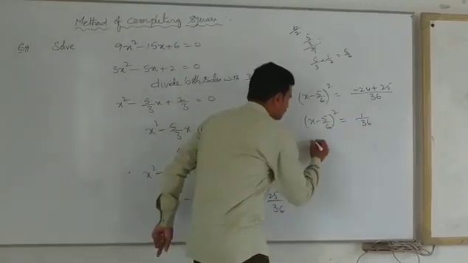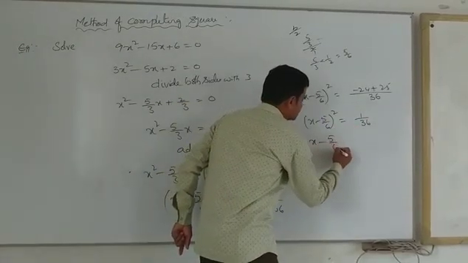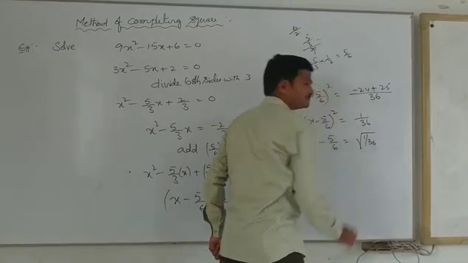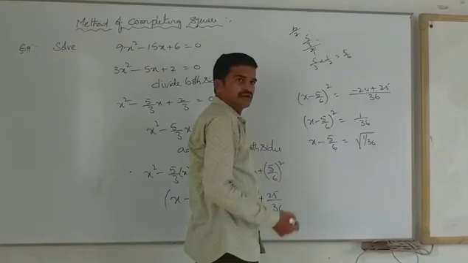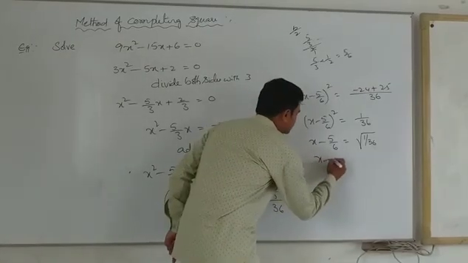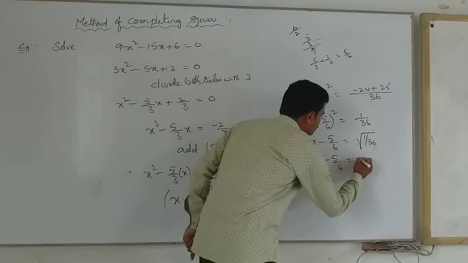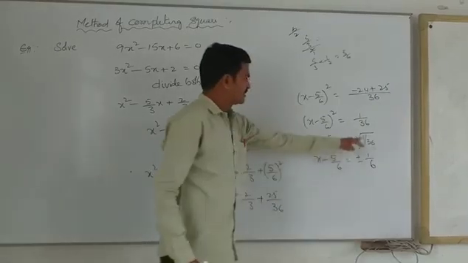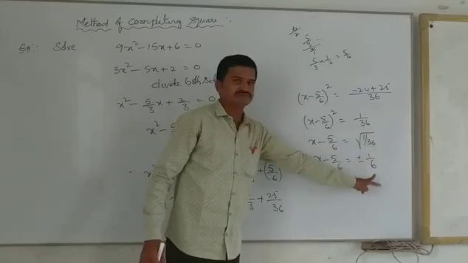We need to send this square to the other side now. What will you get now? X minus 5 by 6 is equal to square root of 1 by 36. Clear or not? And then x minus 5 by 6 is equal to plus or minus 1 by 6, because square root of 1 means 1, square root of 36 means 6.